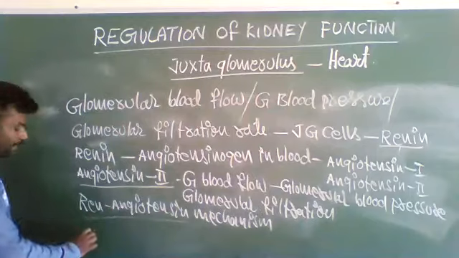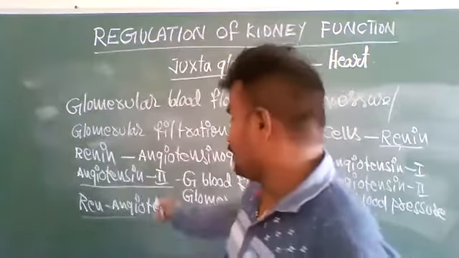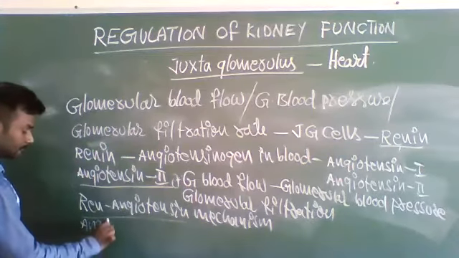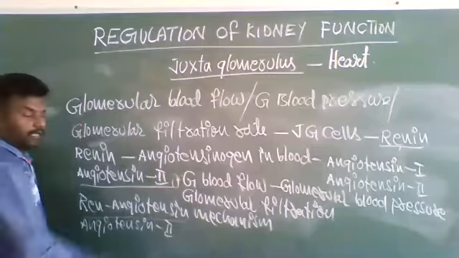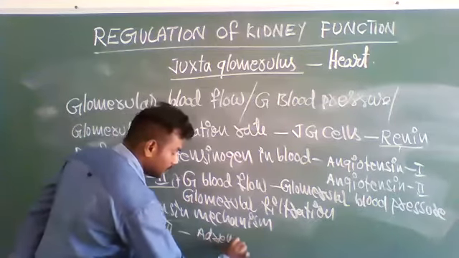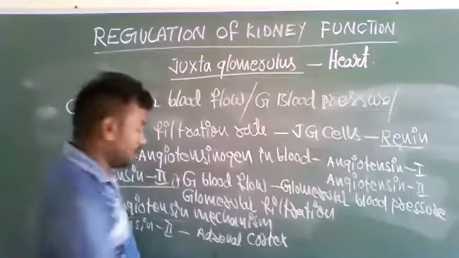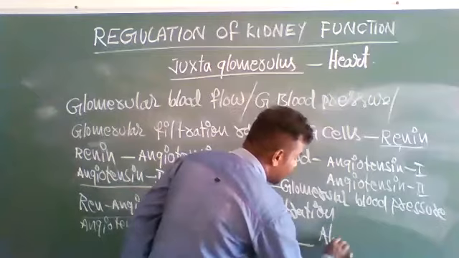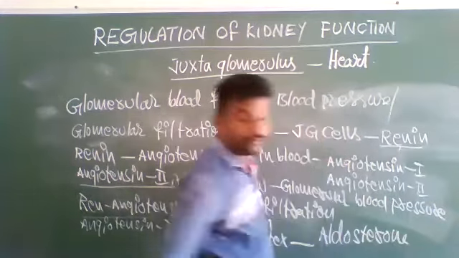Angiotensin 2 also plays another role. What? It acts on the adrenal cortex. That was its first function; another function is that it also acts on the adrenal cortex and stimulates it to release a kind of hormone called aldosterone.